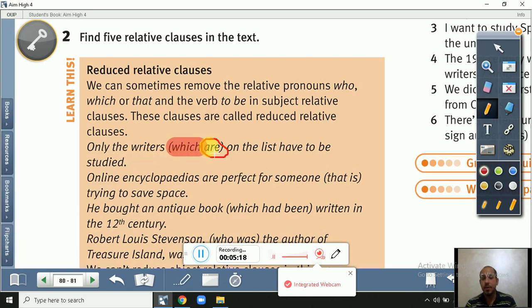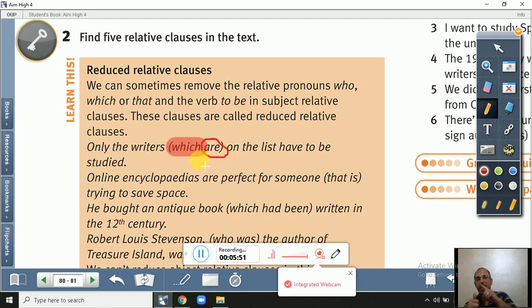So easy, right? So which here in this sentence refers to the writers. Where is the relative pronoun? Here is the relative pronoun which. Where is the verb to be? The verb to be is are. Can I reduce this sentence? Yes. Why? Because we have two conditions. The first one is the relative pronoun is combined with verb to be.